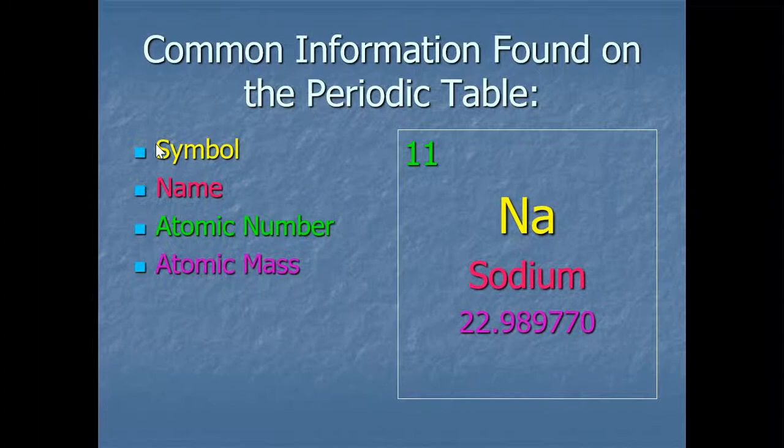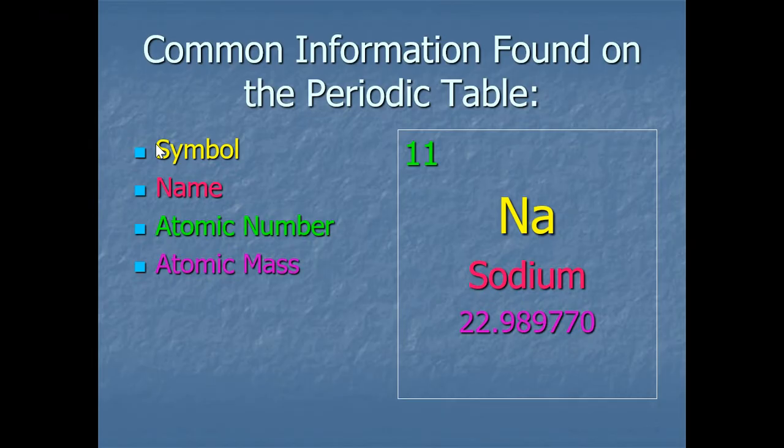And you remember we said that was the number of protons. And then comes the symbol. The symbol is going to be a one or two letter designation. If it's two letters, the first one is capital, the second one is lowercase. There's only a handful that are one letter, and that's just because the early ones only had one.